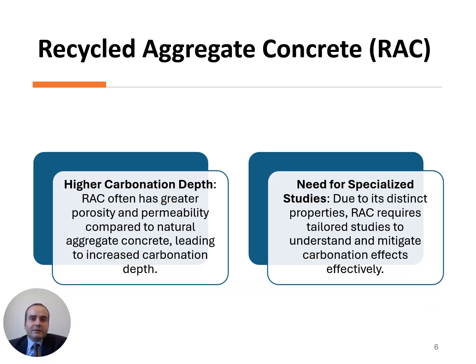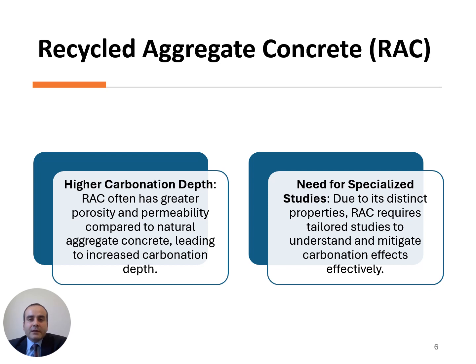Recycled aggregate concrete affects the carbonation process of concrete primarily due to its increased porosity, higher permeability, and altered microstructure compared to natural aggregate concrete. These characteristics allow carbon dioxide to penetrate more easily, accelerating the carbonation rate. The weaker interfacial transition zone in recycled aggregate concrete also contributes to greater carbonation depths.